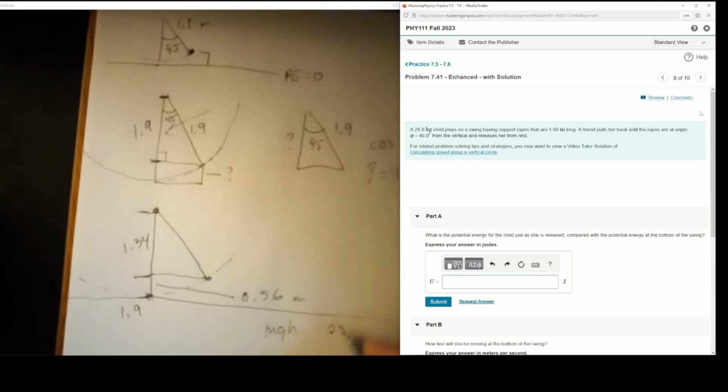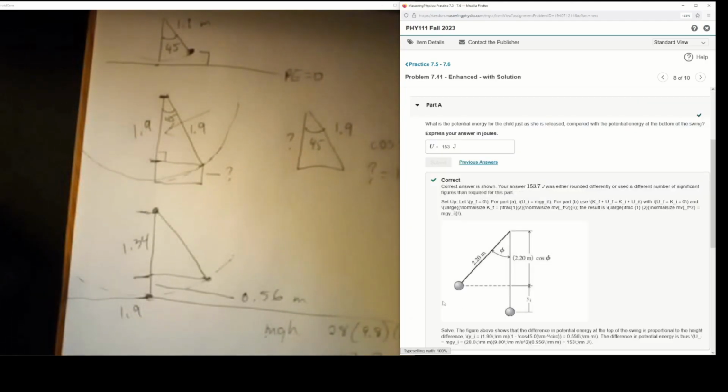The child's 28 kilograms, 9.8 for acceleration due to gravity, and we figured that height the child is 0.56. So the potential energy, that one took a little bit longer to get to.